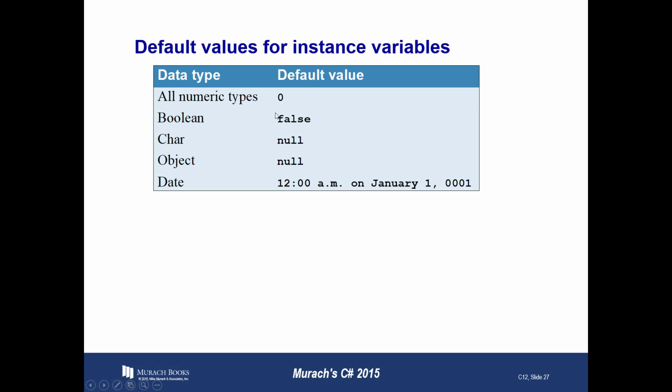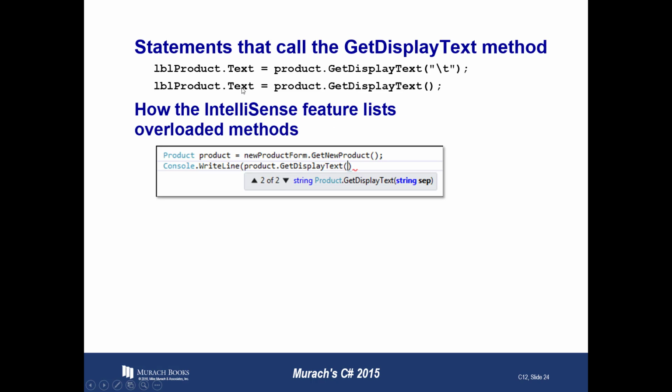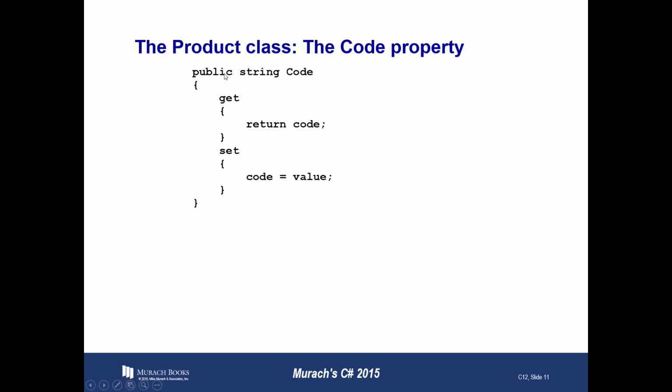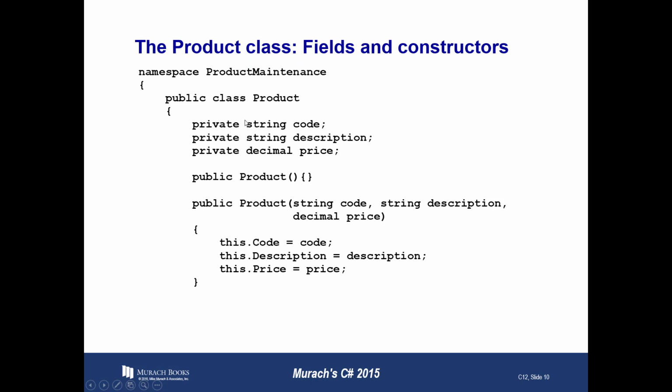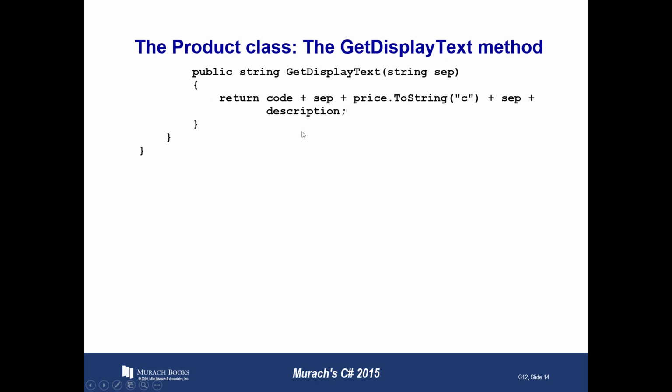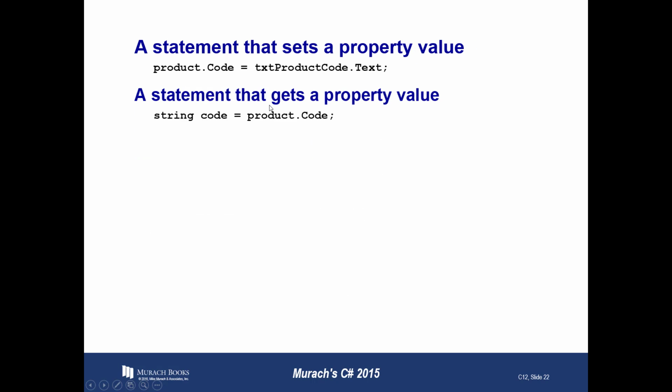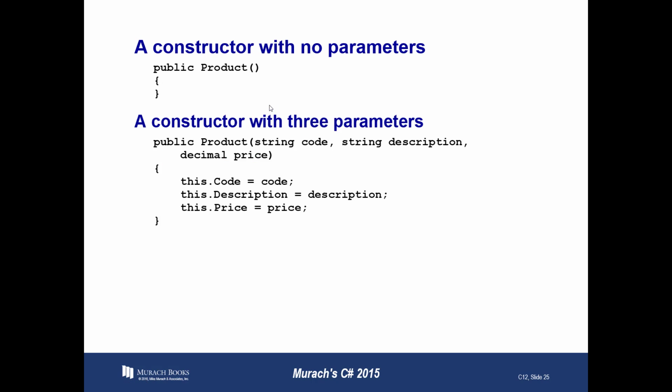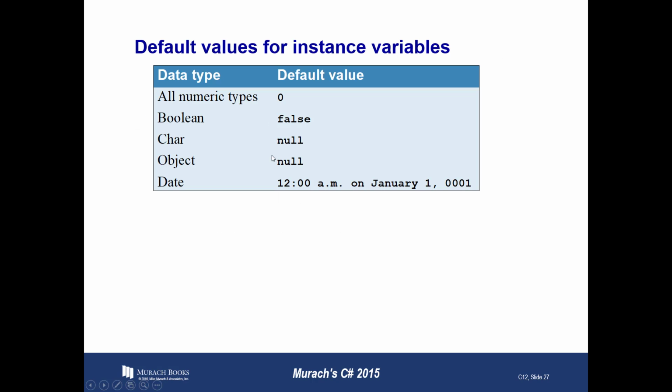All right, let's just do this, and then we'll finish up with this one. Default values for instance variables. What the heck is an instance variable? I'm going to jump way back here. These are instance variables. Each instance of a product or each product object will have its own code, its own description, and its own price. If we don't give those values, then by default, anything numeric is default valued to 0.